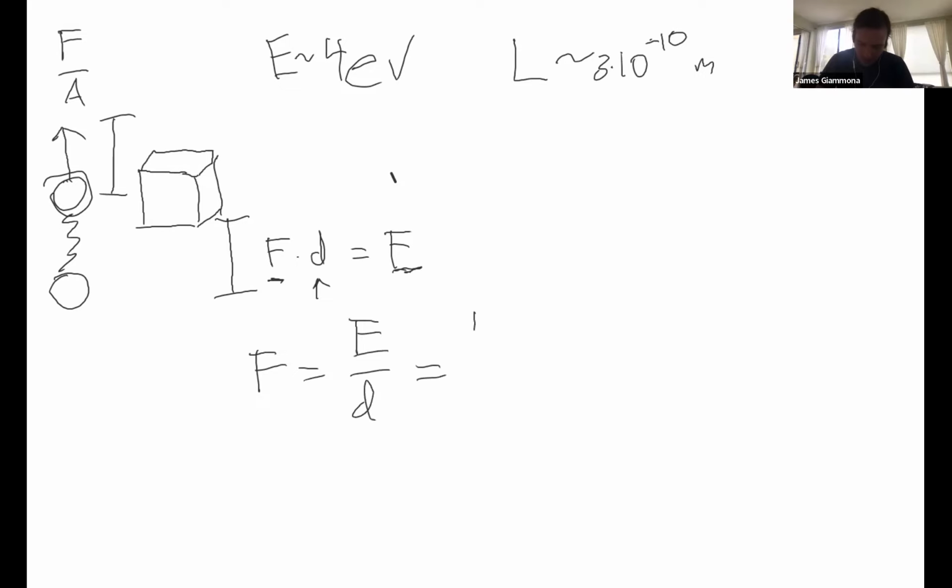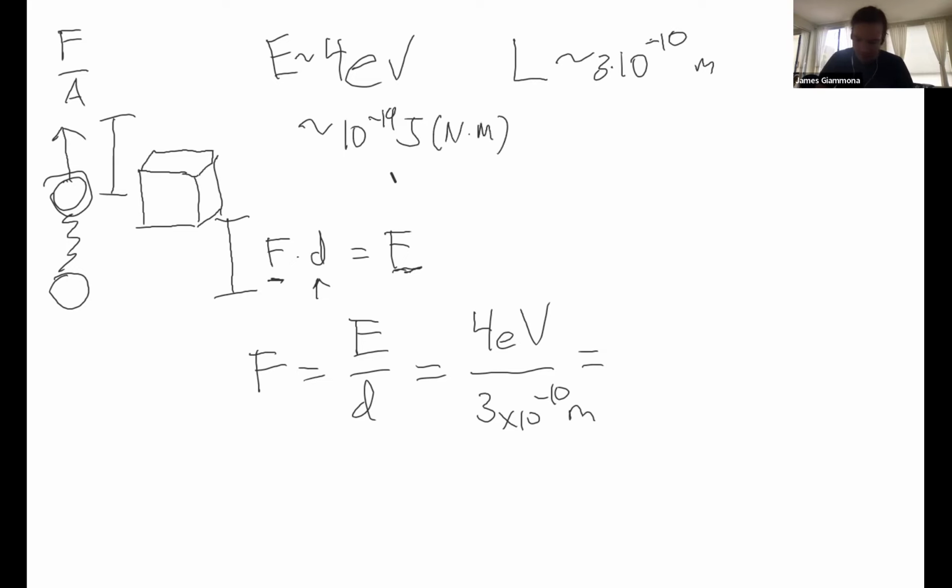The energy is 4 eV, and the distance is 3 times 10 to the minus 10 meters. For eV, we're going to use our human scale, which is 10 to the minus 19 joules, or newton meters. So we get 10 to the minus 19 newton meters over 3 times 10 to the minus 10.